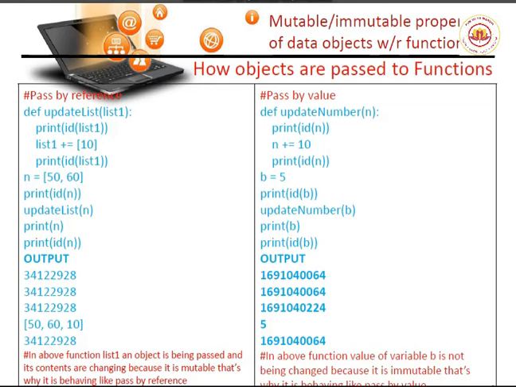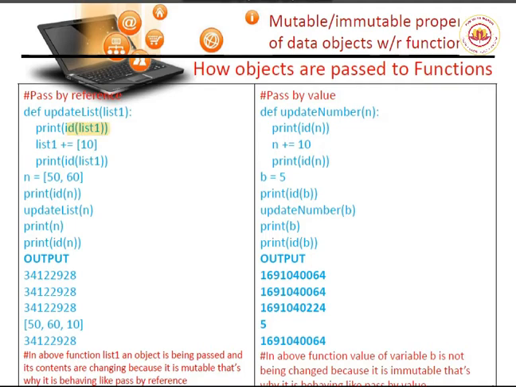As we see here, in the main program the variable n contains a list, and id is nothing but the address of the variable. The next line prints the address of the variable, and the third line calls the function with the list. So 50 comma 60 has been passed to the function update. Then again it prints the address, which remains the same.